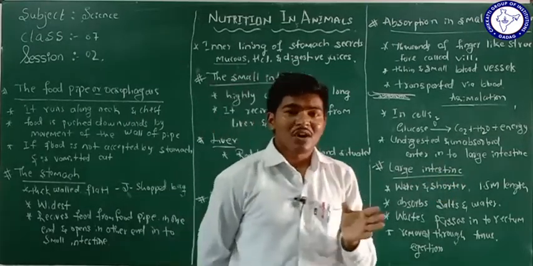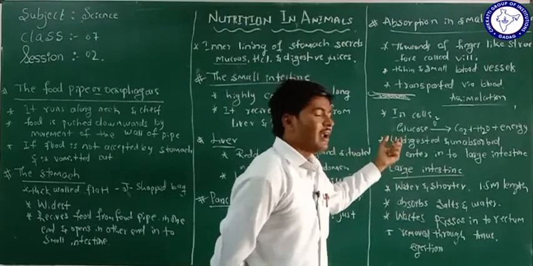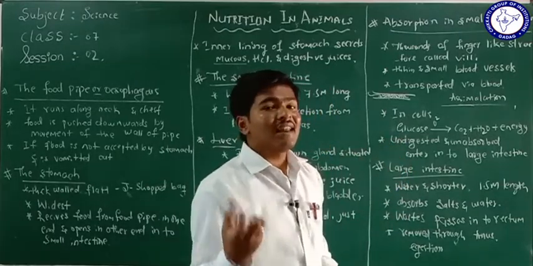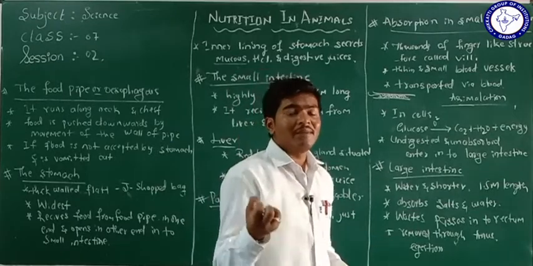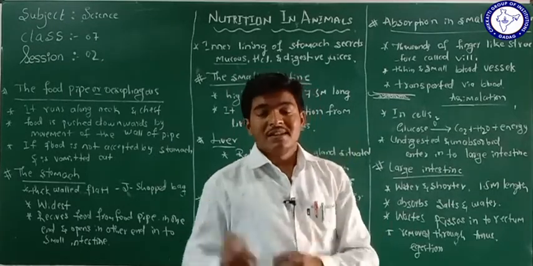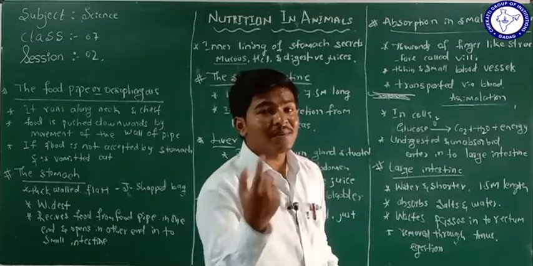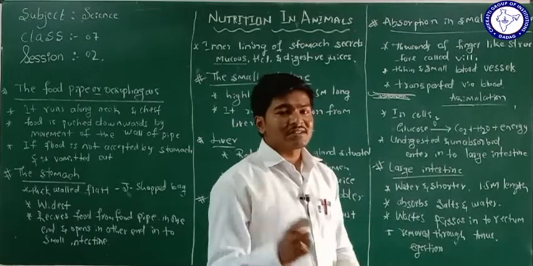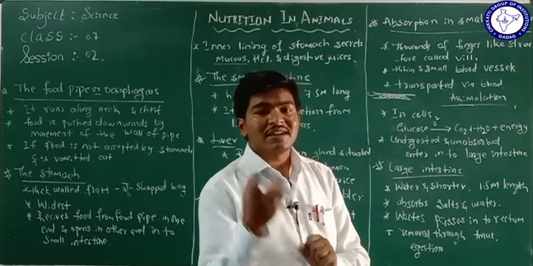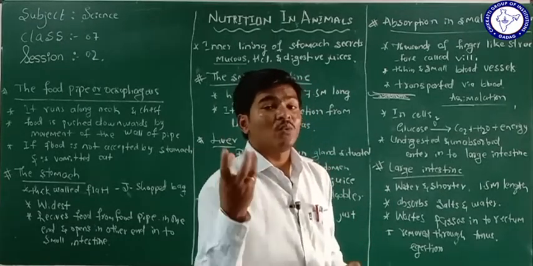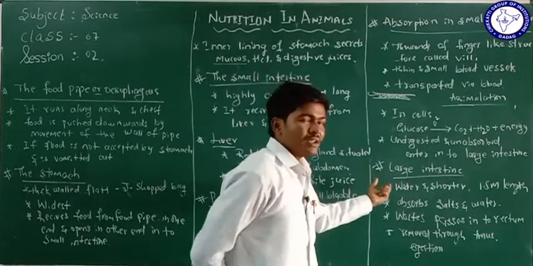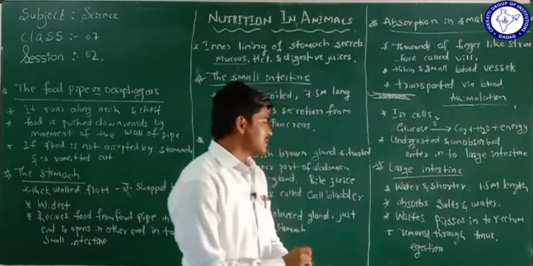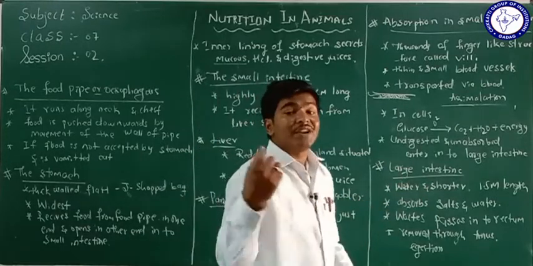When the unabsorbed and undigested food material enters the large intestine, the large intestine absorbs some of the salts and water present in that food, and the remaining waste passes into the rectum.